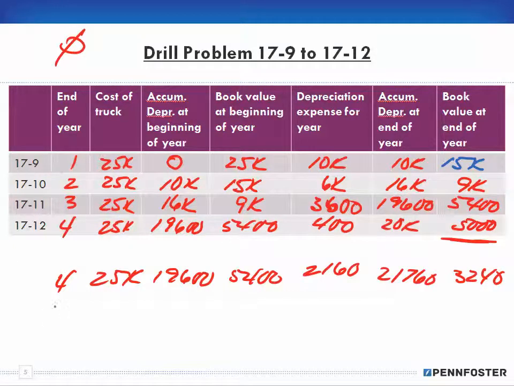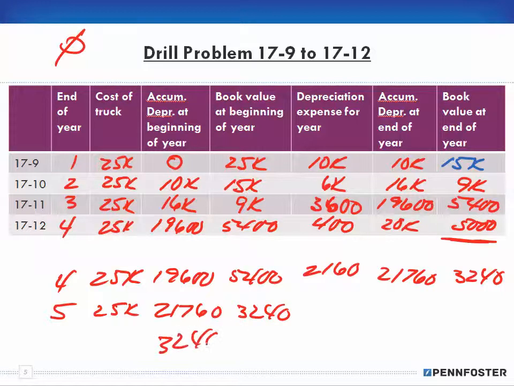So now when we go into year 5, we would have 21,760. The book value is 3,240, and we take the 3,240 and multiply by 40%. Notice that I'm never, ever, ever going to get down to a 0 value. If I want to only depreciate it for 5 years, I can't get there.